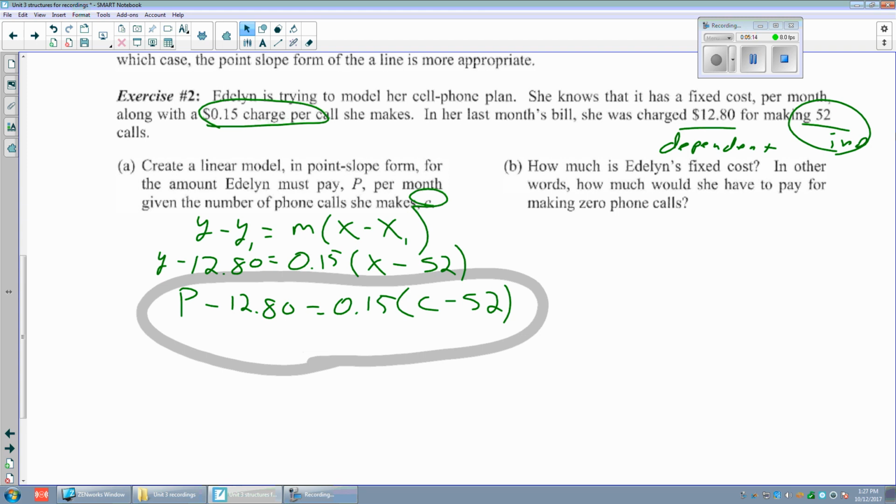How much is Edlin's fixed cost? In other words, how much would she have to pay for making 0 phone calls? In other words, what's the y-intercept, buddy? Why don't we just distribute and combine like terms and solve for P? P minus 12.80 equals. Why am I putting the 0 in front of there? Because someone lost some points on the test because you couldn't see the decimal point.